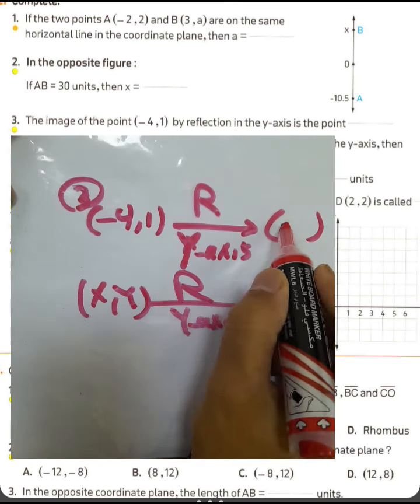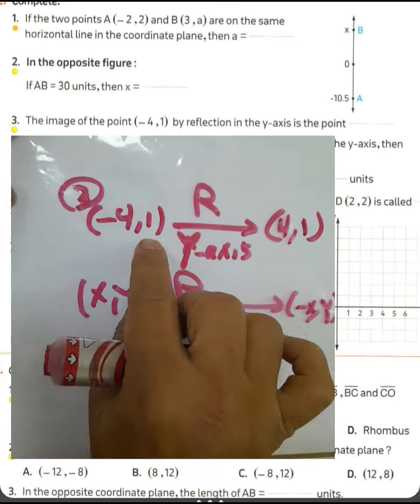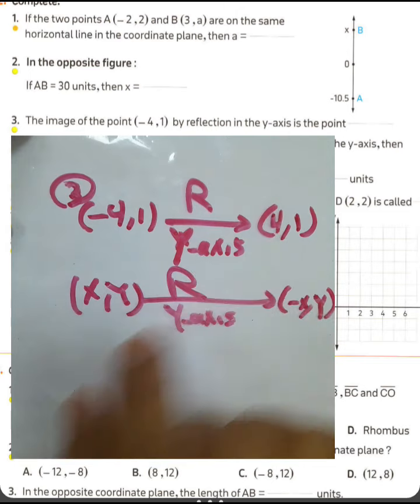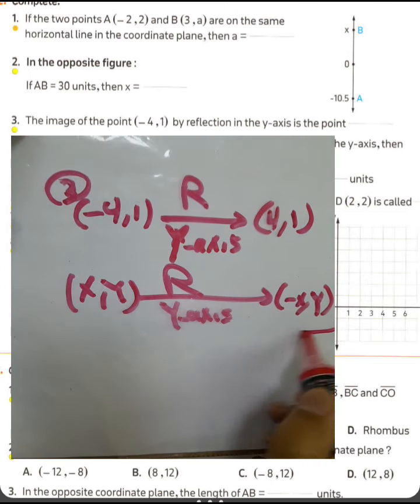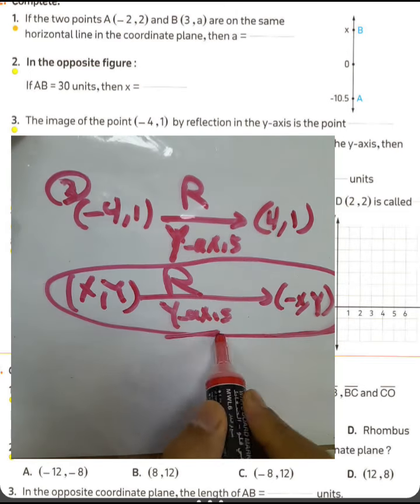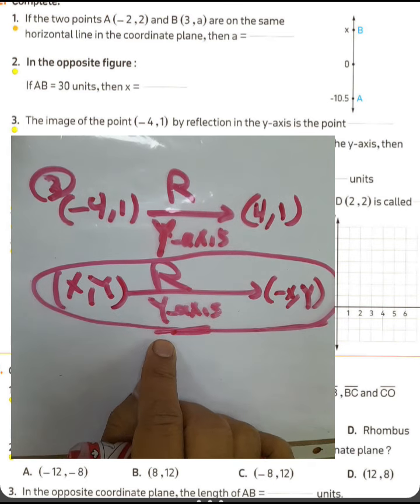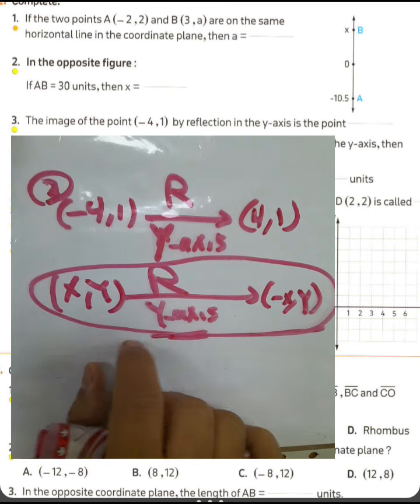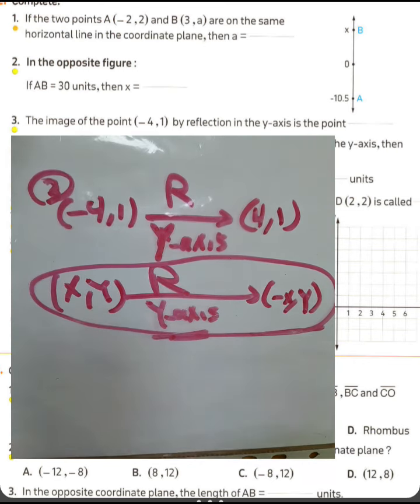Then the result here will be (4, 1). Put y here and change the sign of x, negative 4 becomes 4. You must keep this rule in your mind, okay? To find the reflection in the y-axis, you must keep y and change the sign of x.